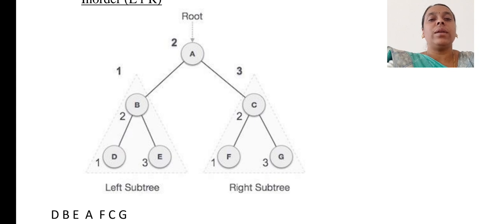In this diagram, we first take the left subtree and then the right subtree. In the left subtree, first visit the left node D, then B is the root, and then E, then root A, and then the right subtree. In the right subtree, first visit the left node F, then root node C, and then G. That is the example of in-order.